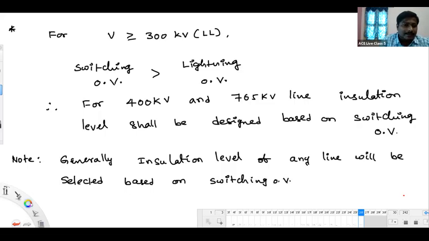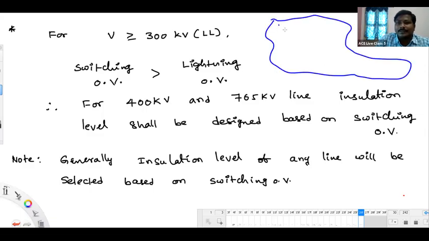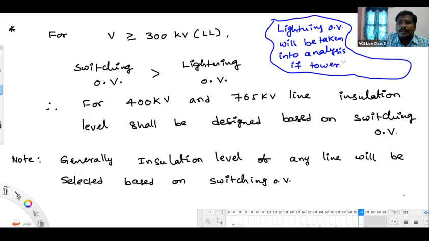If you want, write the other statement also here: lightning over voltages will be taken into analysis if tower height is very high. That's the other point you have to remember.